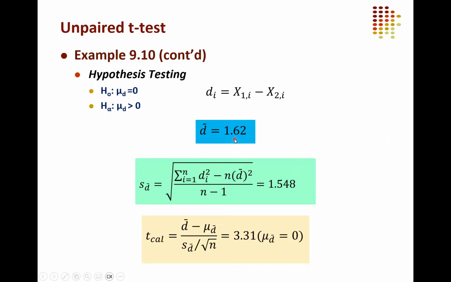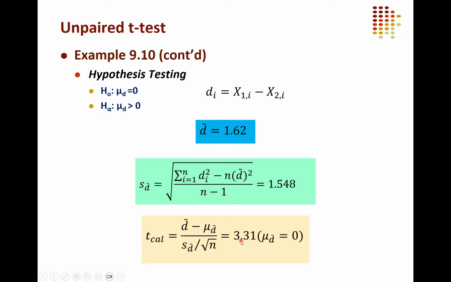D bar is 1.62. SD bar is 1.548. And the T calculation is 3.31. This is about the mu D value 0. So this is the calculated value.